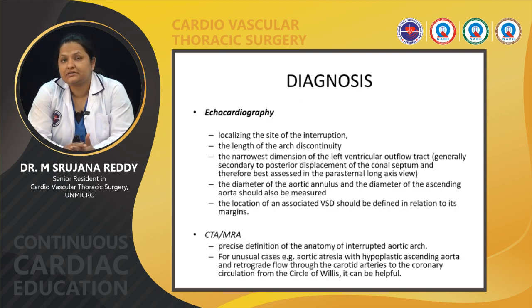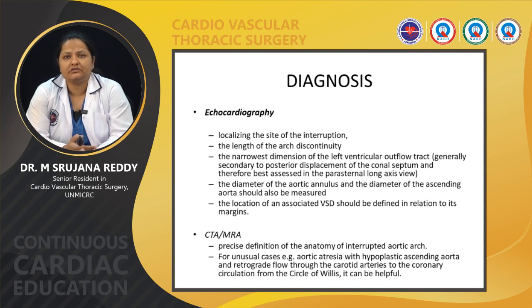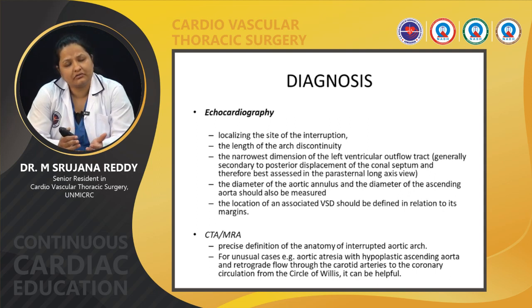Coming to diagnostic tests, echocardiography establishes the diagnosis. It is helpful in localizing the site and length of the discontinuity, and the narrowest dimensions of the LVOT can be visualized properly, as well as the diameter of the annulus and the VSD and its location.